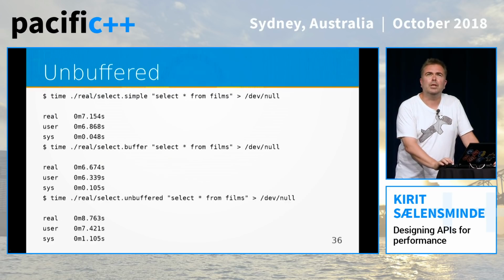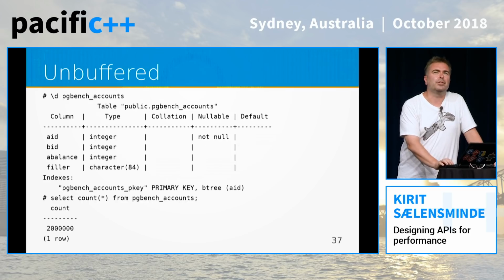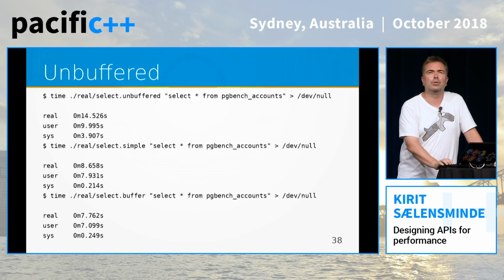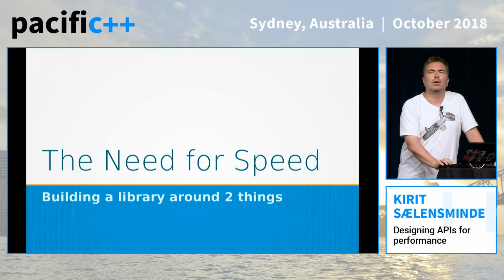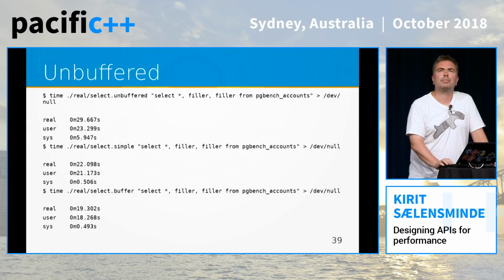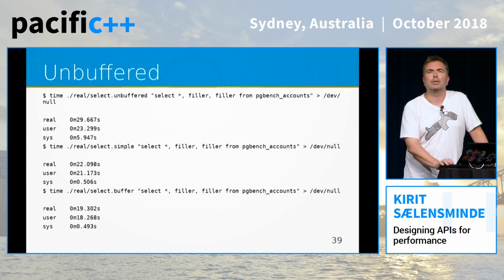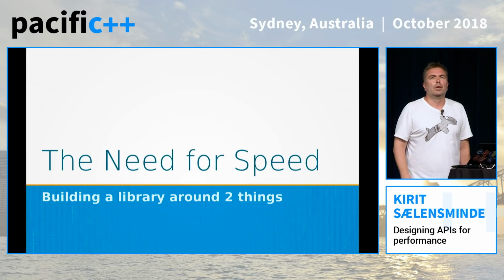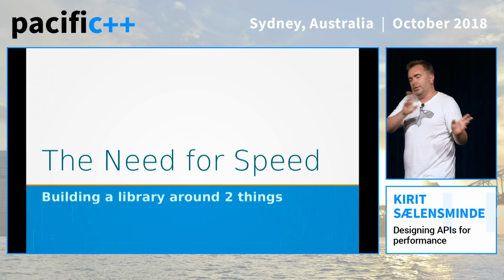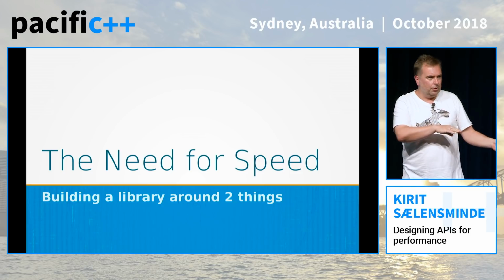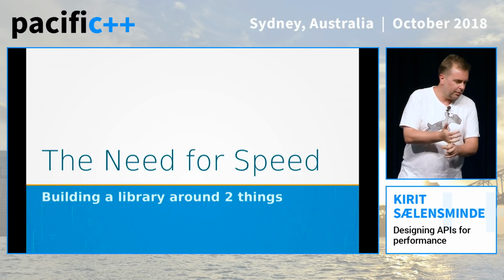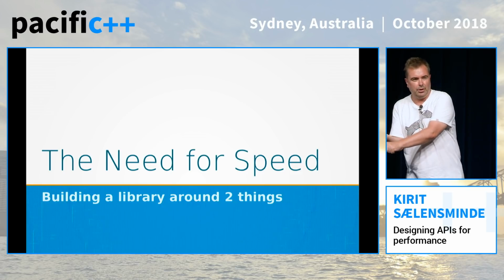So what I wanted to do as an experiment, going back to here, and again, this is just what we saw. The code that we've just been running uses libpq, which is the official Postgres communication library.